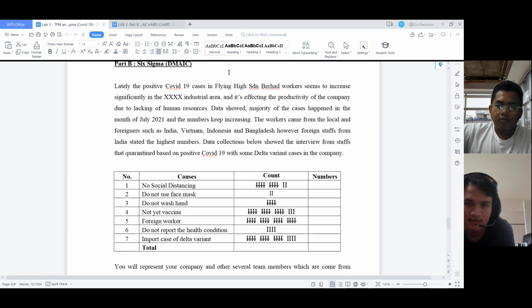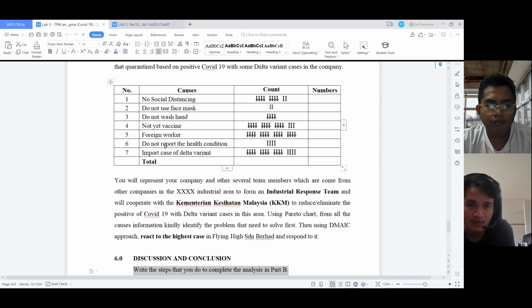The data collection below shows the views from staff who were quarantined after testing positive for COVID-19, with some Delta variant cases in the company. So this is a table, and you will represent your company and several other members from other companies in the XX industrial area to form an industrial response team, and will cooperate with the Kementerian Kesihatan Malaysia, KKM, to reduce or eliminate the positive COVID-19 Delta variant cases in the area.